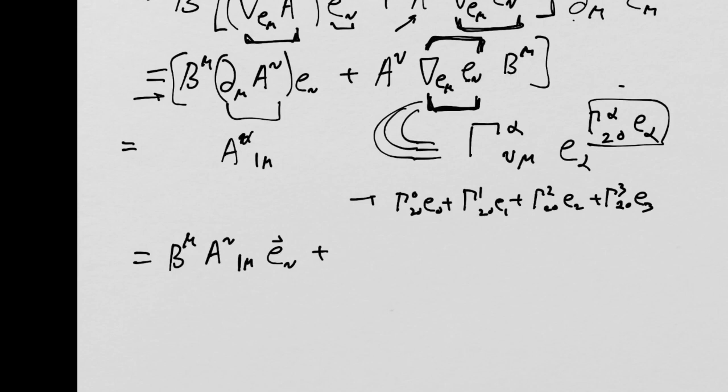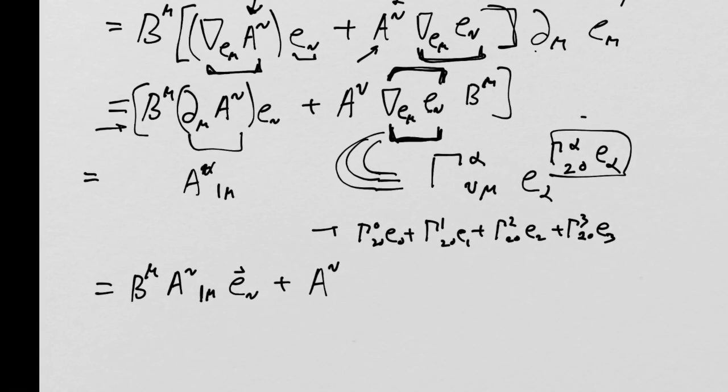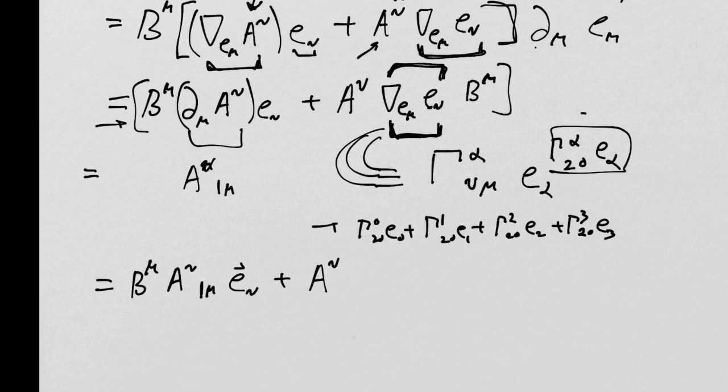Now I'm going to substitute in our comp notation here, so I get A nu, the way I've done this, has A nu there, and B mu, and then it's going to be gamma alpha nu mu E alpha, like that. So there's a lot of dummy indices here, right? So I want the alpha to be, I want to pull out this vector here, and I want to pull out the B as well.